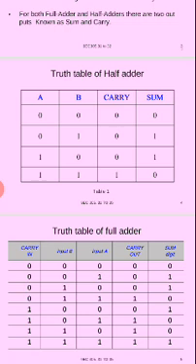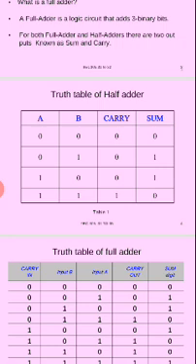The two input combinations are 2 power 2 equal to 4 combinations we get. They are 0 0, 0 1, 1 0, 1 1.